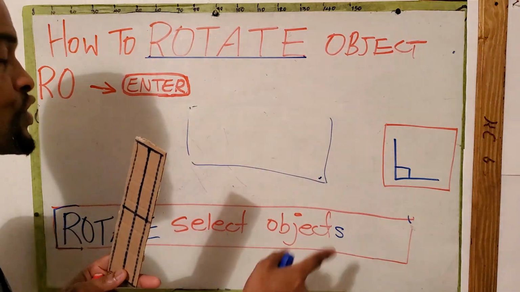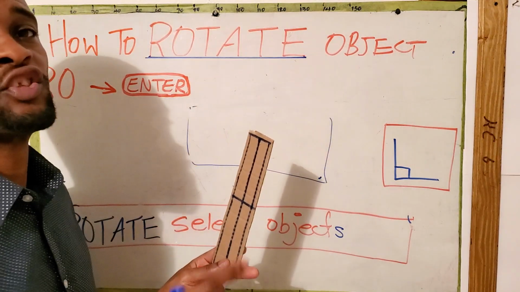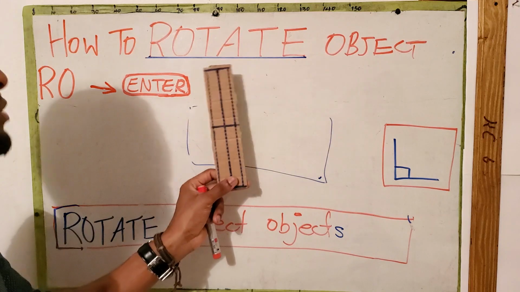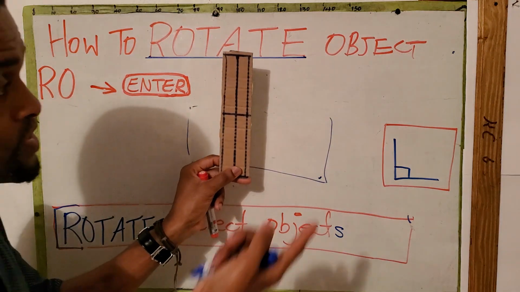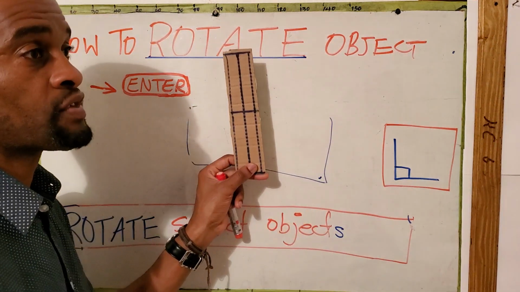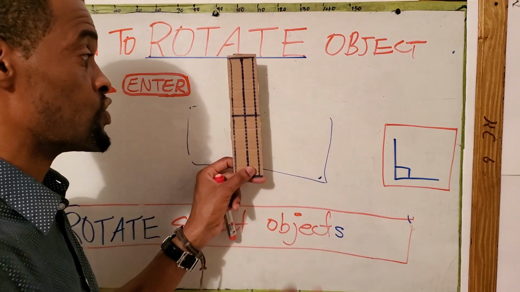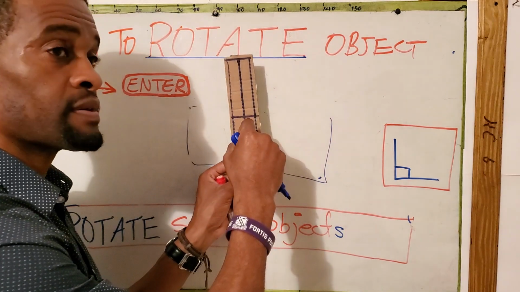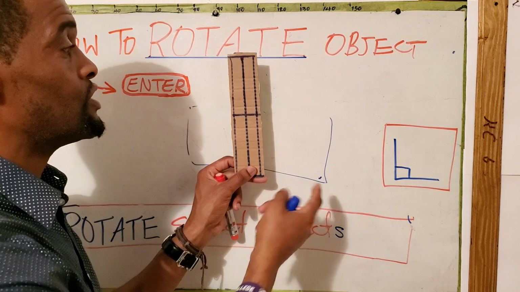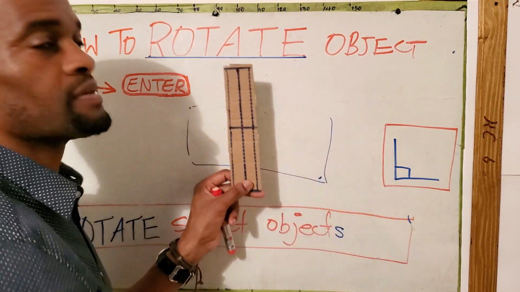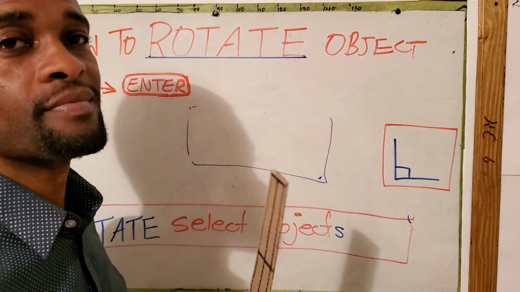It will say specify the angle that you wish to rotate the object. Of course, angles are measured in an anti-clockwise direction. If you wish to rotate this object 90 degrees, you will type 90, enter, and it's done.